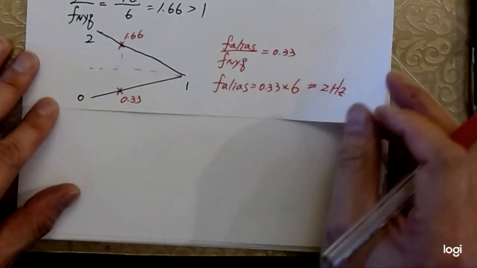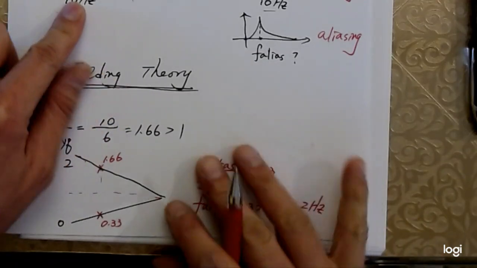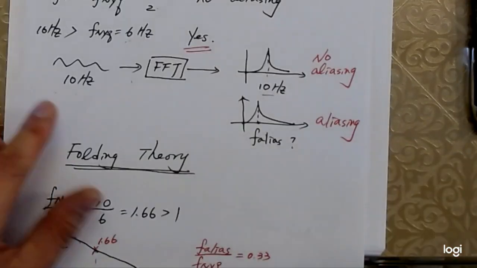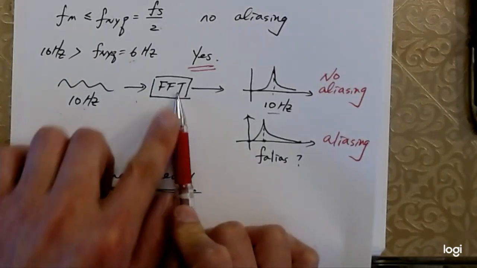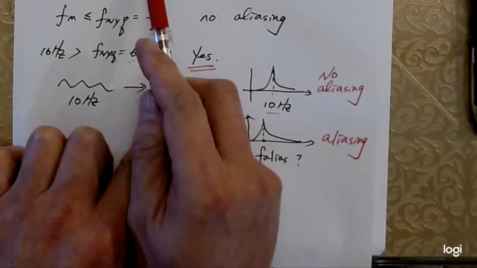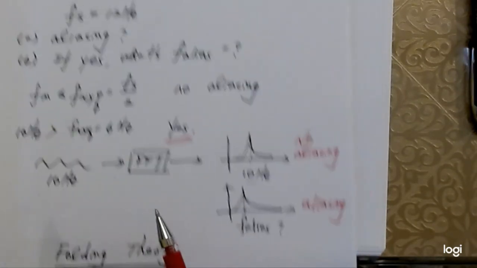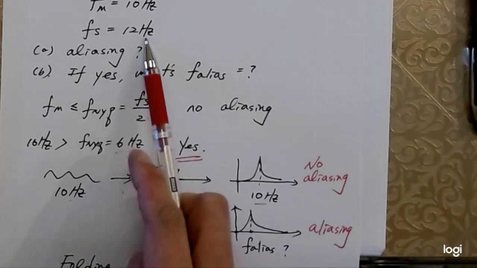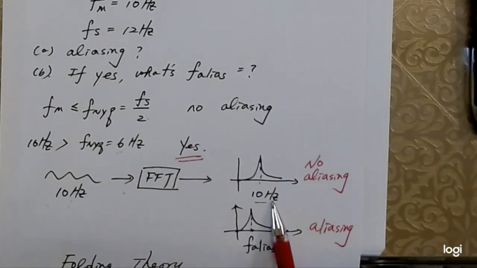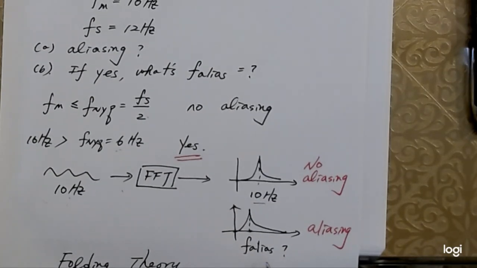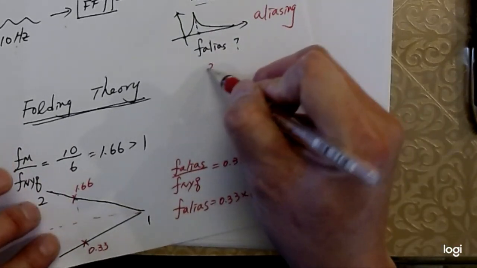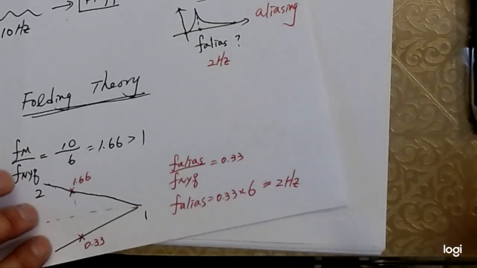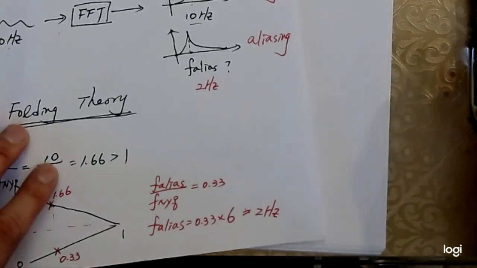In other words, 10 Hertz coming in through FFT, because of the small sampling frequency 12, we don't get 10 Hertz on the analyzer, but we do get a signal at 2 Hertz, which is what we refer to as the alias frequency.